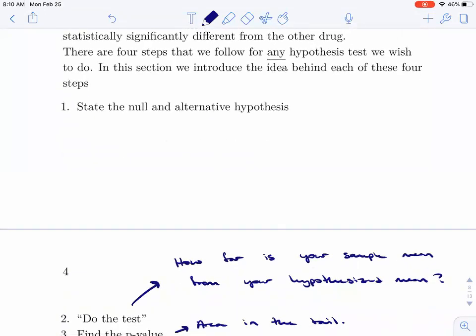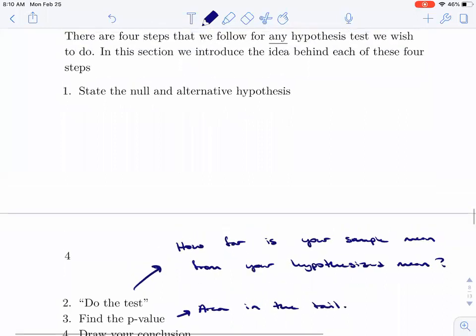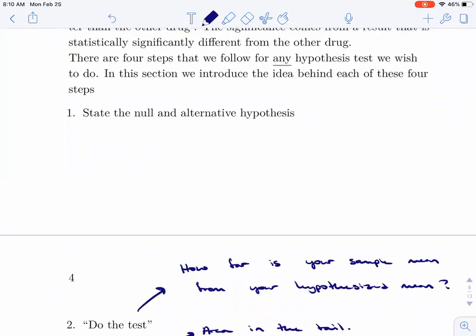So the first step is to state your null and alternative hypothesis. You start here to say, okay, here's what I believe, and if that's not true, then here's the other option. Thinking back to science in presumably elementary school, you have this hypothesis that if you boil water, it'll turn into gas.